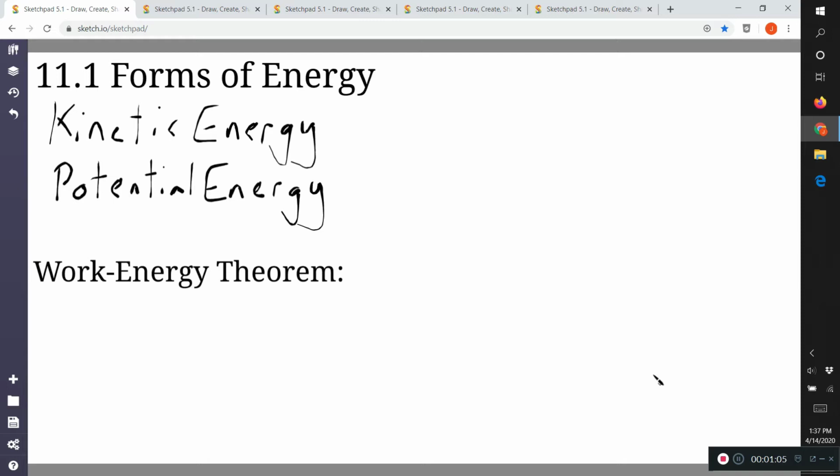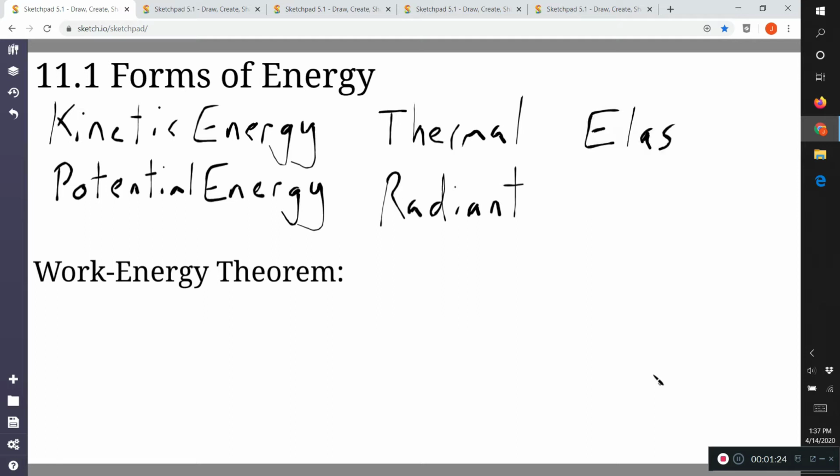Other forms of energy include thermal energy, which is the energy of heat, radiant energy, which is the energy of light, and generally electromagnetic radiation. We're also going to talk about elastic energy, and what's called rest or mass energy, which has to do with Einstein's theory of relativity.